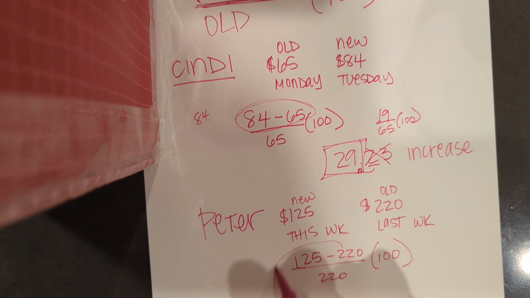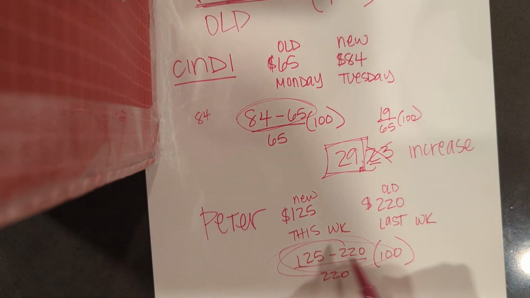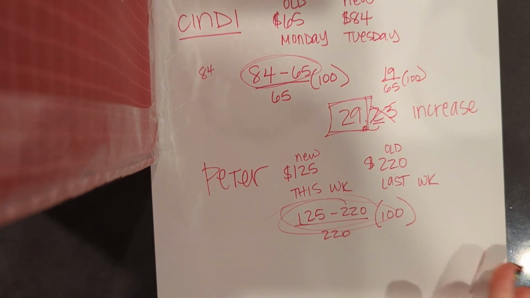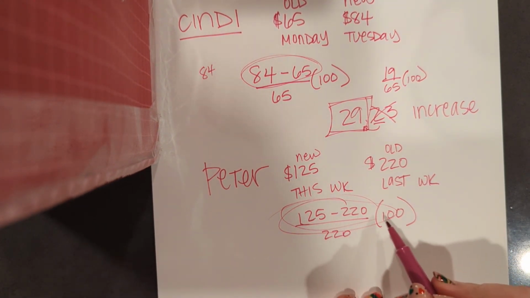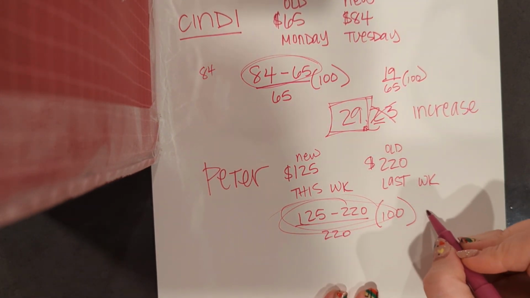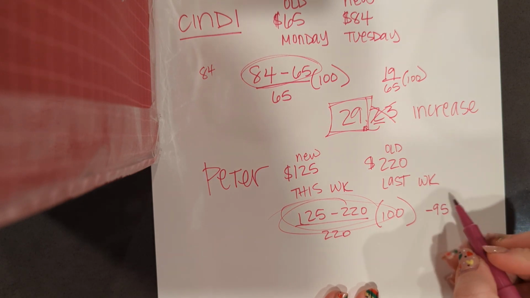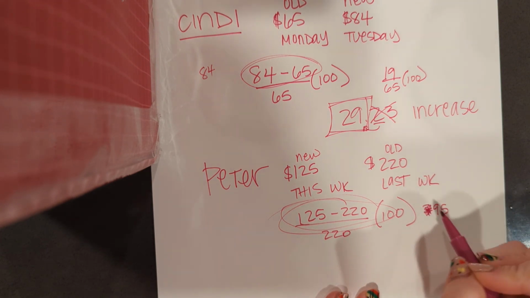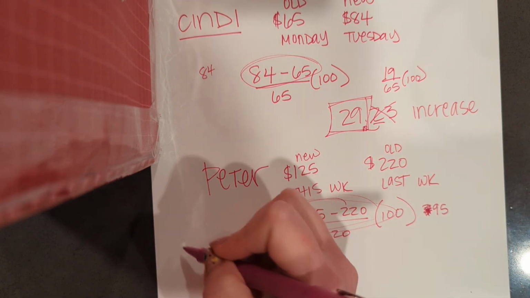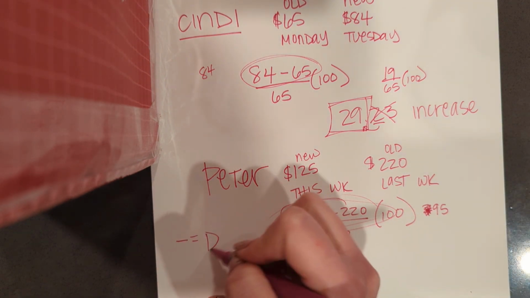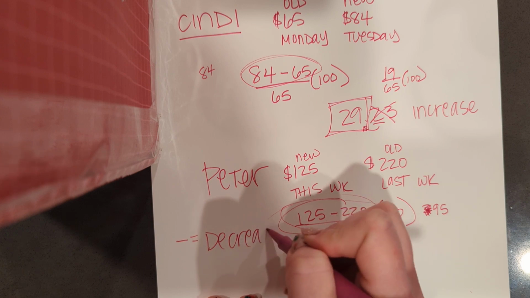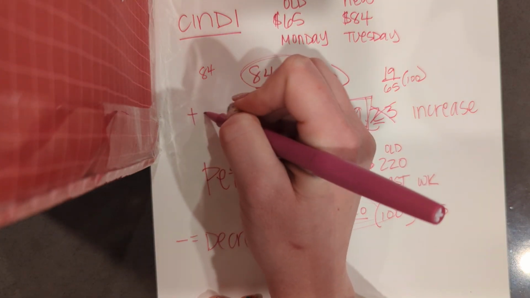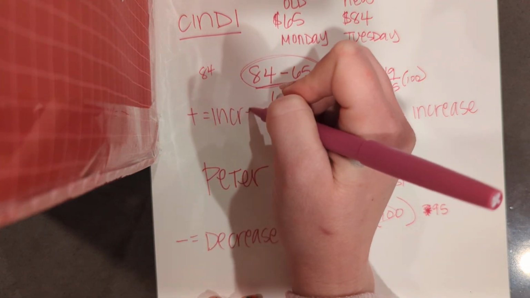I do this first. Once I subtract that first, then I can do everything else. That gives me negative 95. Don't worry about the negatives. Pretend they're not there today. Negative helps you know it's a decrease. So negative equals decrease. If it's positive, it's an increase.